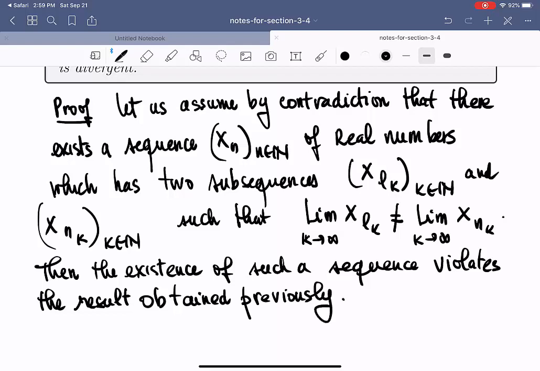Which is that, so the point is that if a sequence is convergent, then every subsequence of that parent sequence must be converging to the same limit.